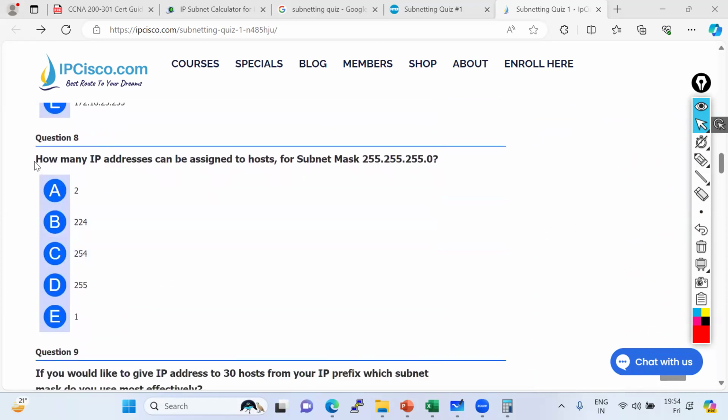Okay, now tell me how many IP addresses can be assigned to hosts for this subnet mask. This is easy.